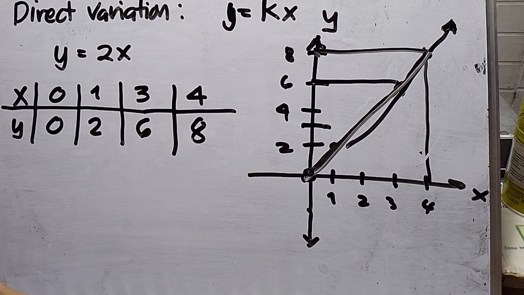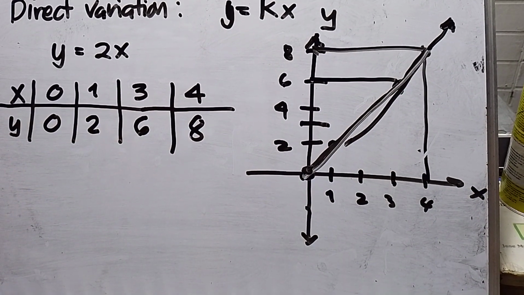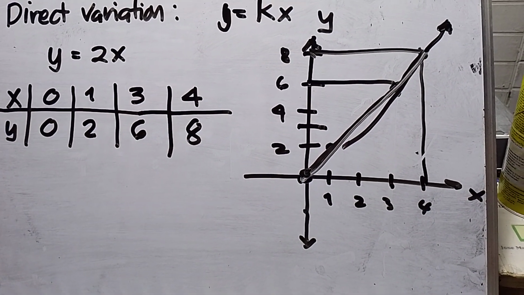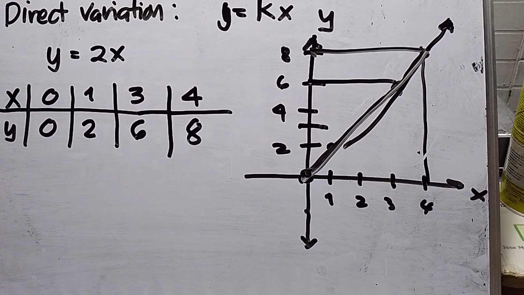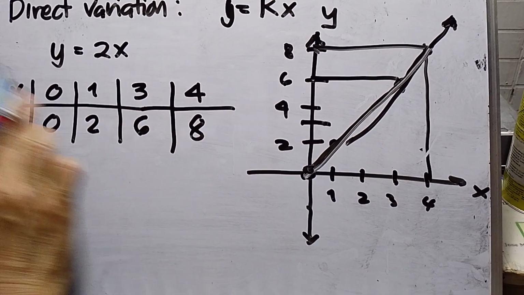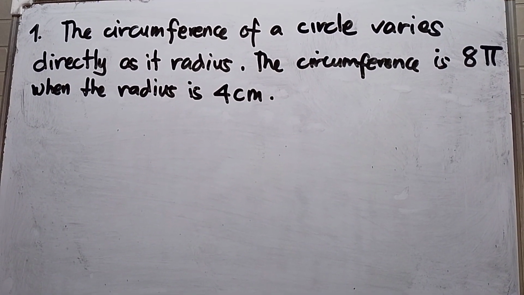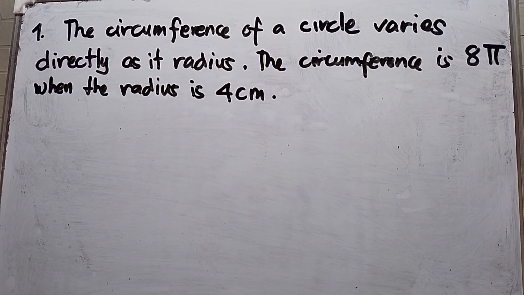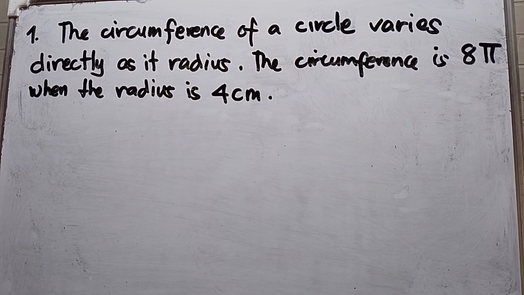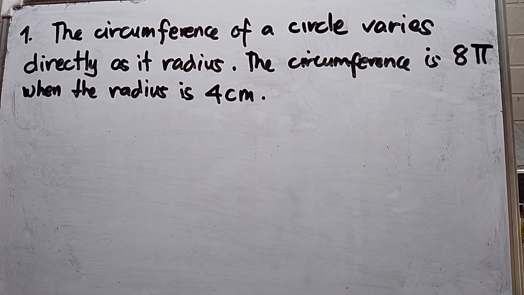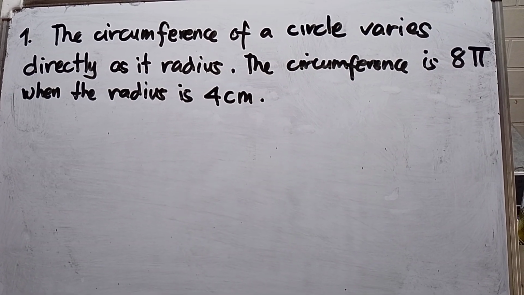Now let's go to an application for direct variation. Okay, this is the application for direct variation. Number 1 problem, the circumference of a circle.